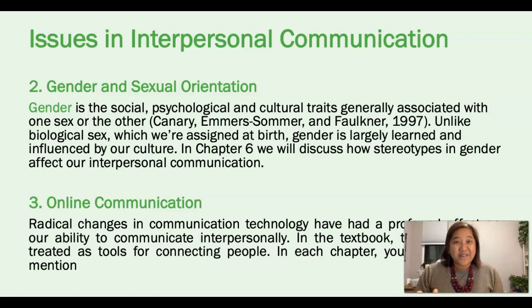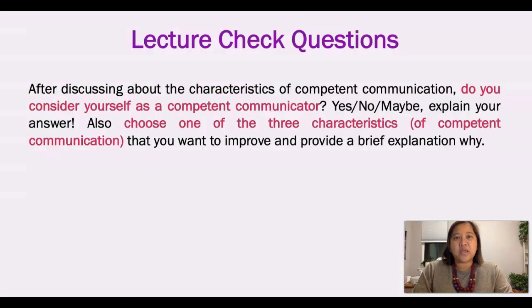Now that we have come to the end of the presentation, I do want to ask a couple of questions. So the first one is, after discussing the characteristics of competent communication, do you consider yourself a competent communicator? Yes, no, maybe. I do want you to explain your answer. And also choose one of the three characteristics of competent communication that you want to improve and provide a brief explanation why.